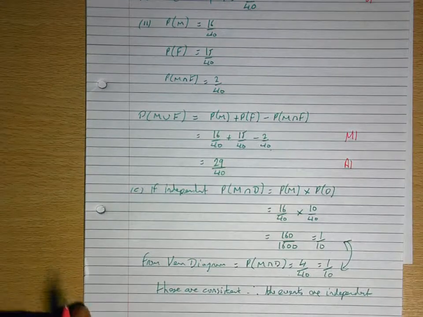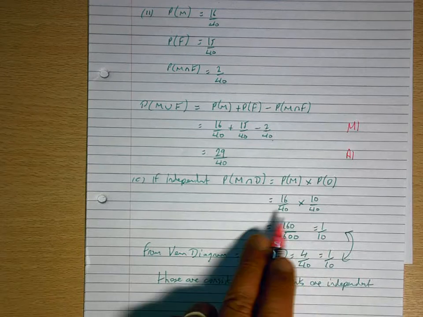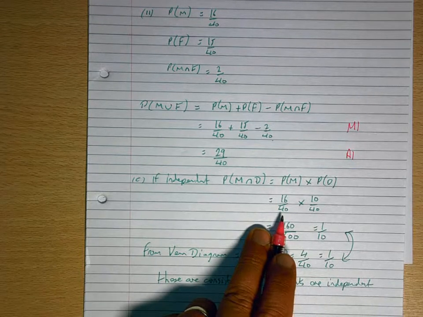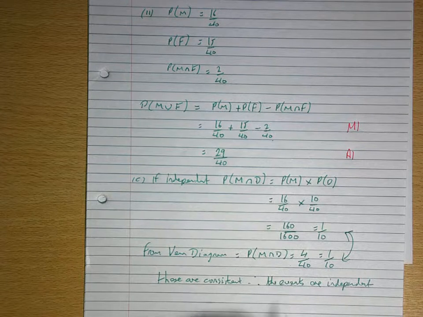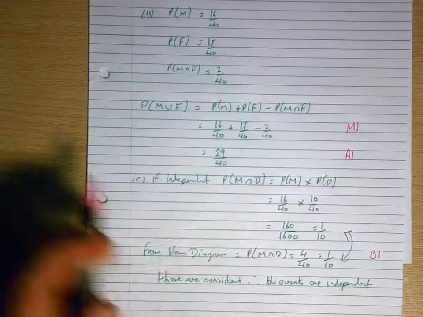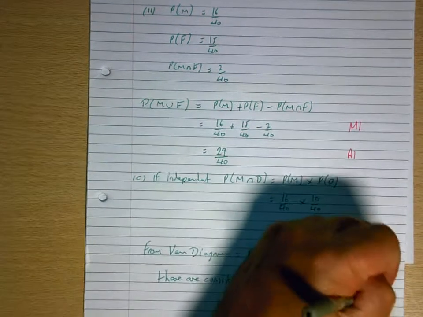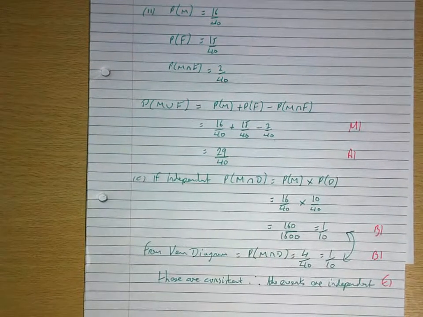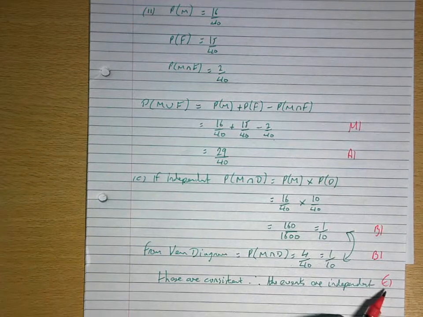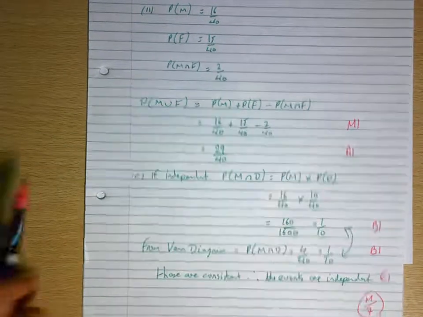And then in part C, we've got 1 mark for working with the intersection of the diagram, 1 mark for applying the multiplication rule, and 1 mark for showing that they are consistent. So the total marks for the question: 1, 2, 3, 4, 5, 6, 7. So that's marked out of 7.